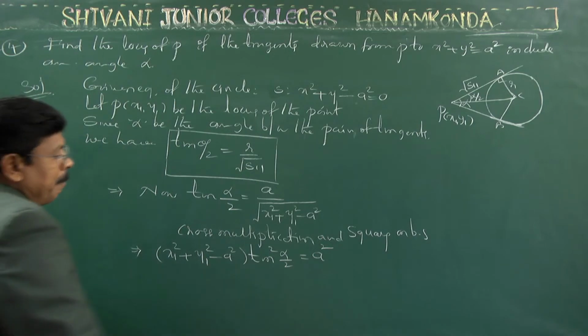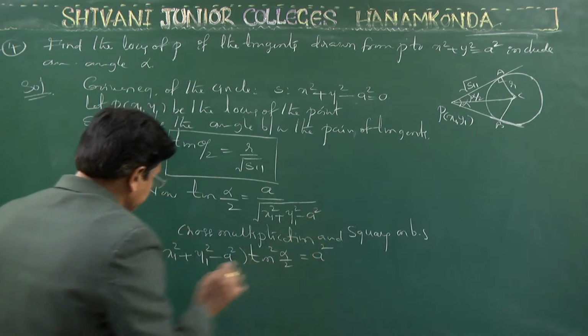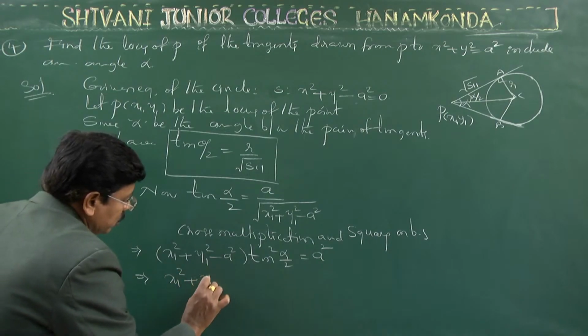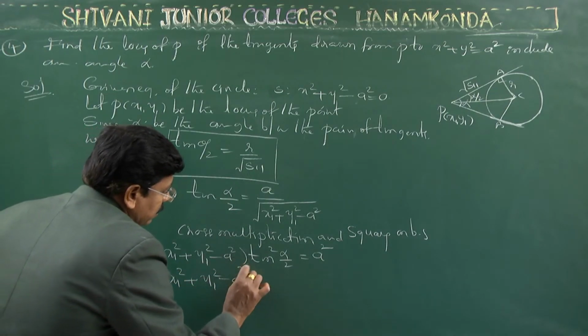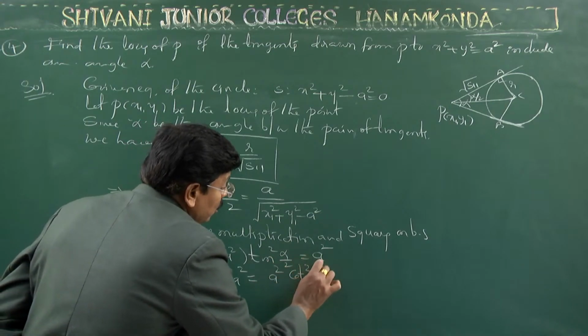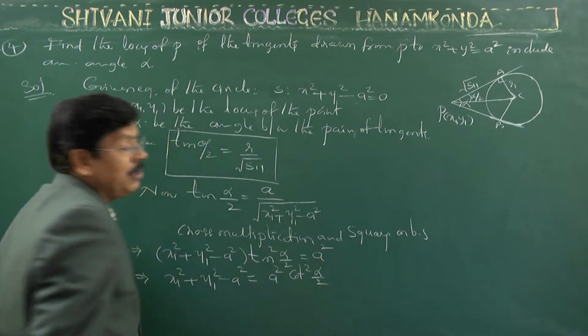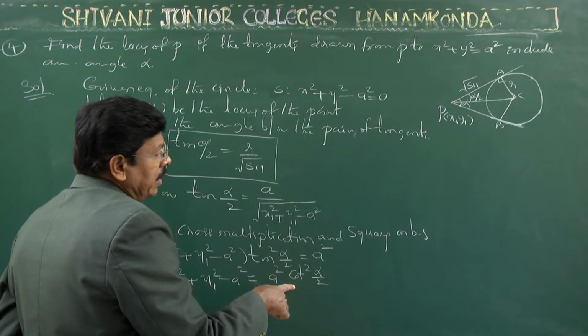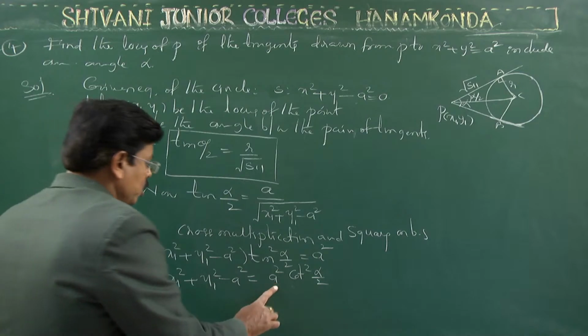Tan square alpha by 2 goes to the right side, so x1 square plus y1 square minus a square is equal to a square cot square alpha by 2, because 1 by tan square is cot square.